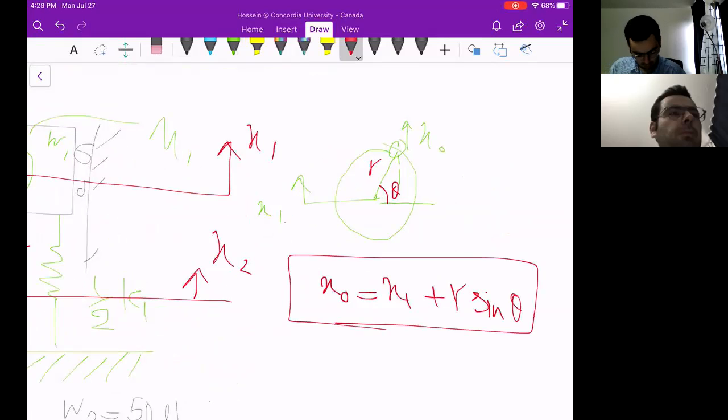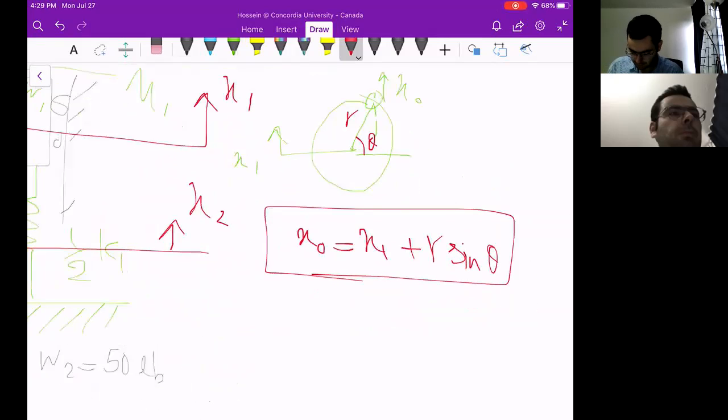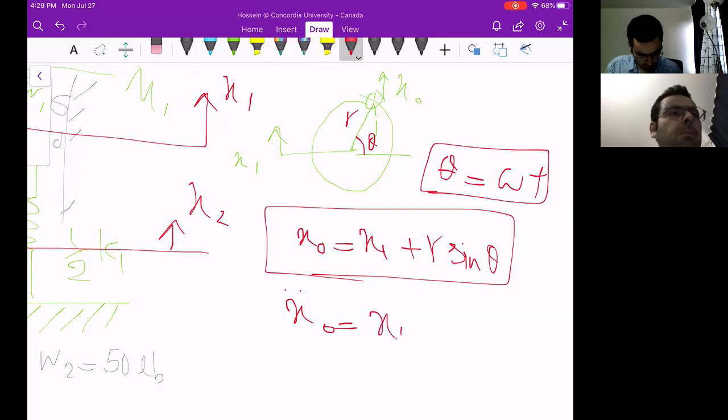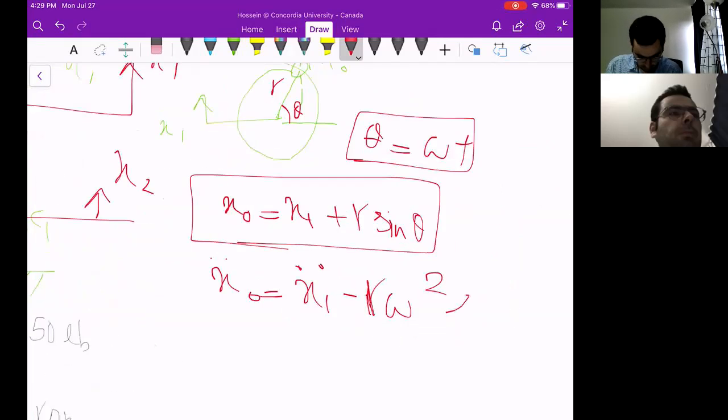Therefore, you can easily take the derivative, and theta is omega t. X double dot naught, therefore, is going to be x double dot 1 minus r omega squared sine of omega t.